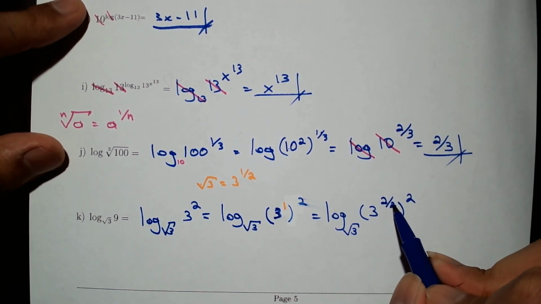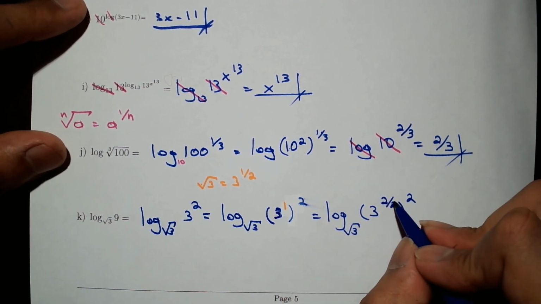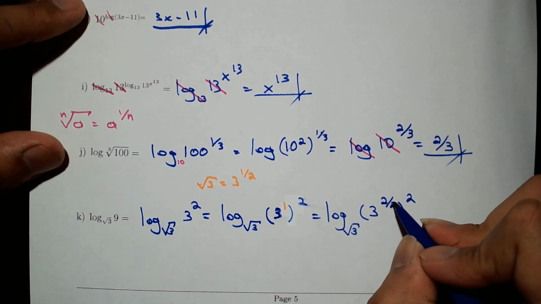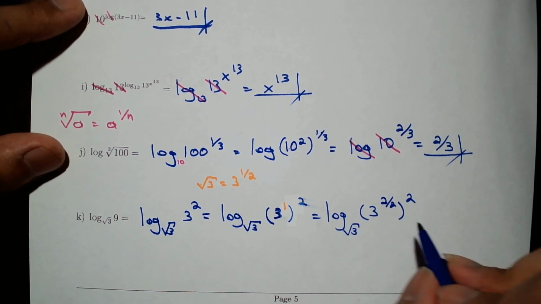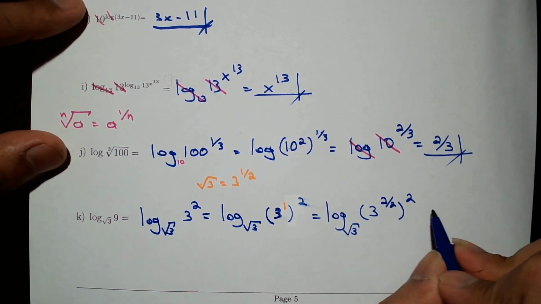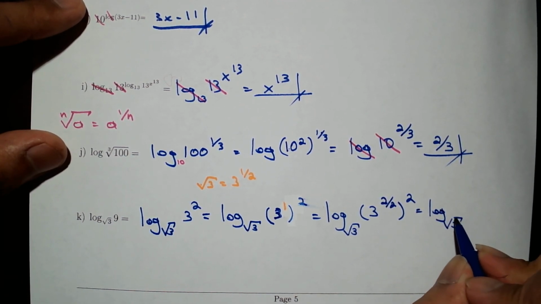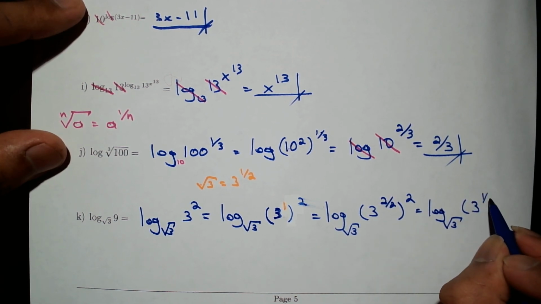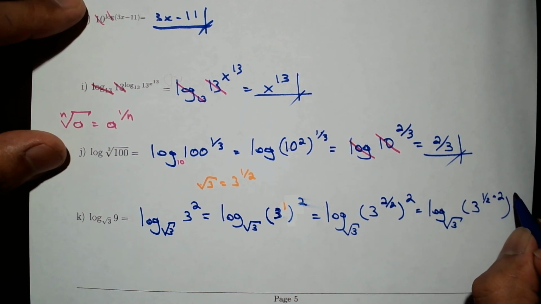Do we all agree that 2 divided by 2 equals 1? The denominator of the exponent, I will use it in order to come up with this radical. So first of all, I'm going to decompose these two halves, and I'm going to write it as 3 to the 1/2 times 2. And then that whole thing raised to the second power.